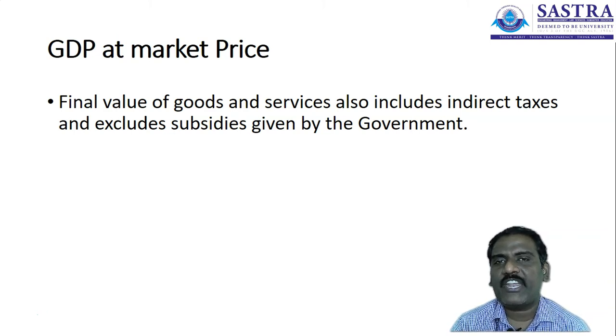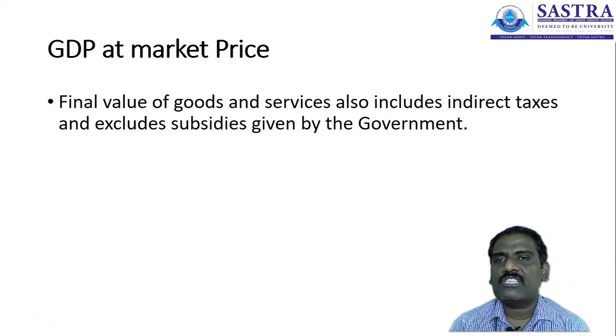The GDP at market price is calculated at the current price, the prevailing price. While calculating the prevailing price, we need to include the indirect taxes associated with it. We are not calculating one particular product, we are calculating the aggregate of products.